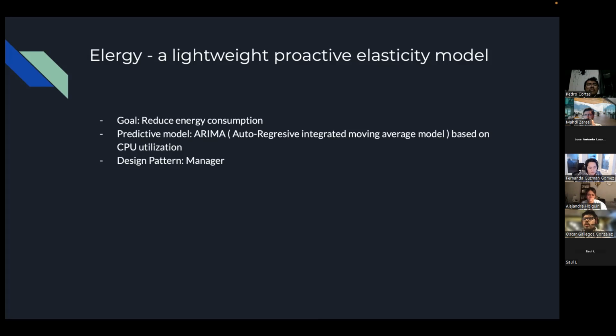We want to check if the environment is idle or if it is at full load, right? And the other thing here is that it is using a design pattern, which is a manager. We have a monitoring layer that is taking care of all this resource allocation, handling all these resources. So that is the main idea here.